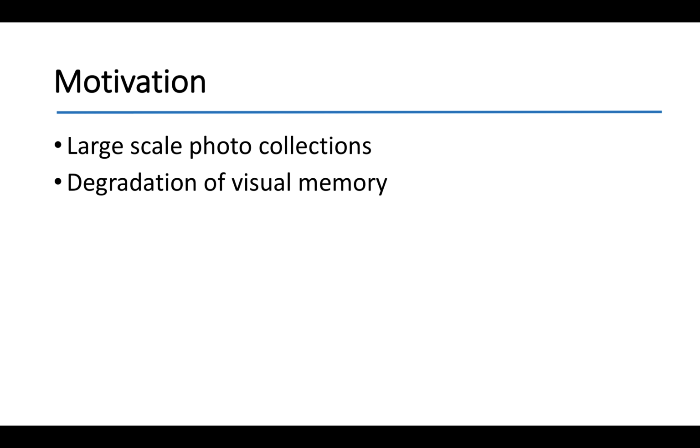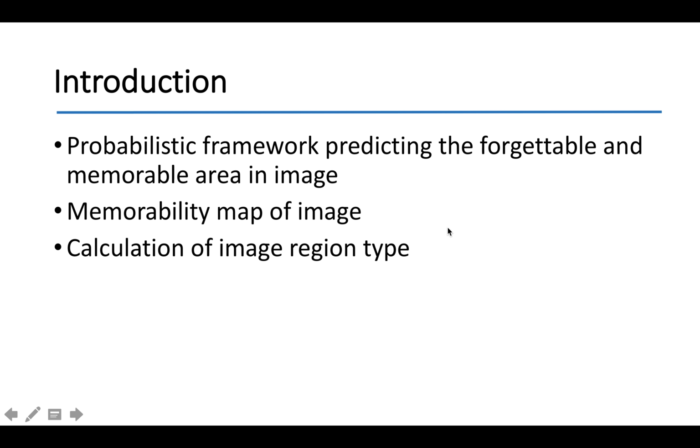However, the class of features and image information that is forgotten has not been explored yet. So I chose to do this project based on the previous research. This project introduces a probabilistic framework that can generate the memorability map of an image through different features and predict the most memorable and forgettable areas of the image.